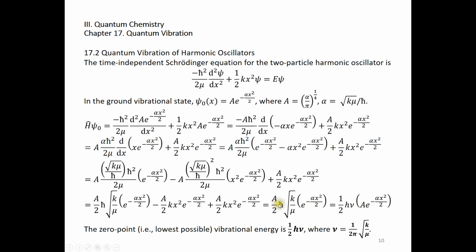And again, 1/2 h bar times the square root of k over mu. Well, it's actually 1/2 h nu, or you can say it's 1/2 h bar times the angular frequency.